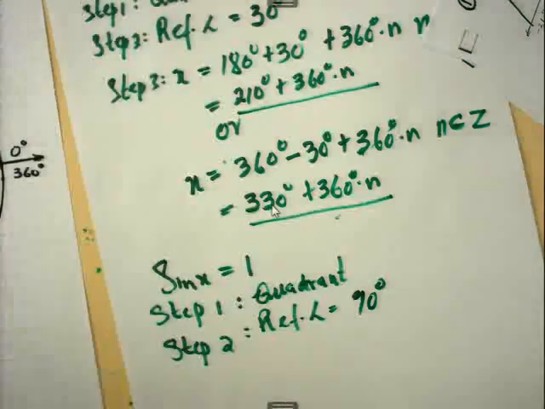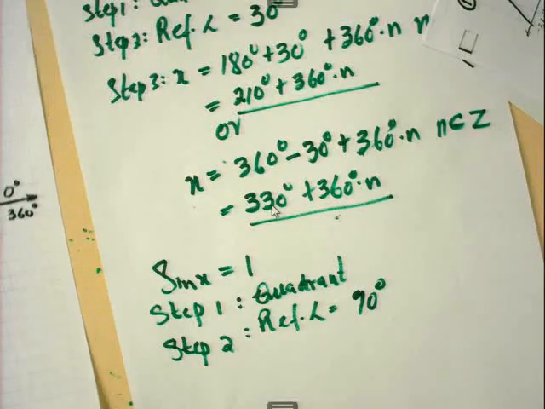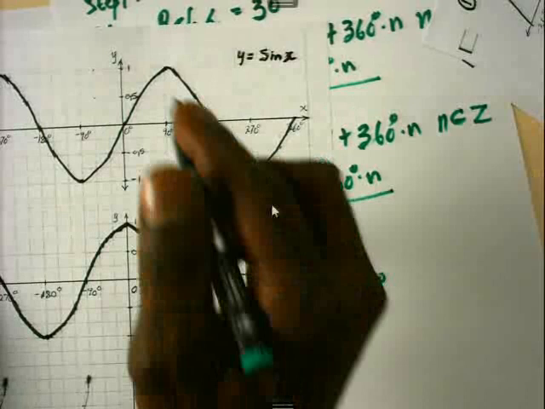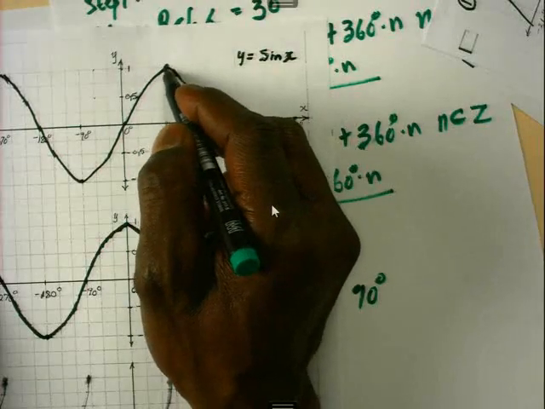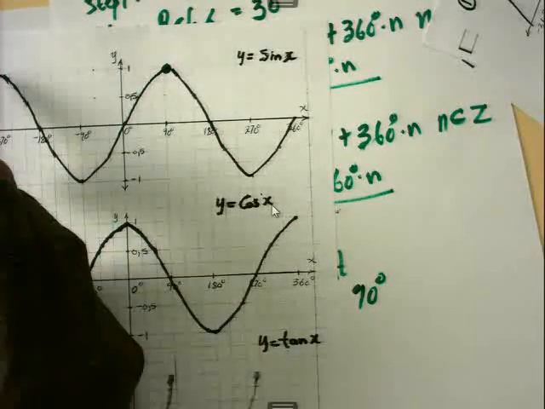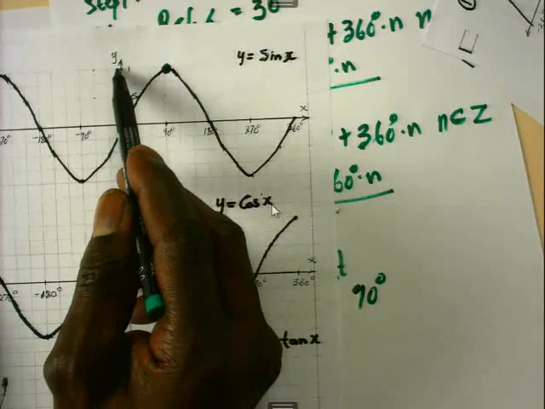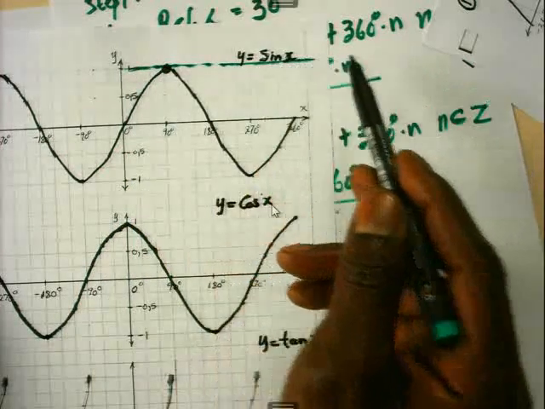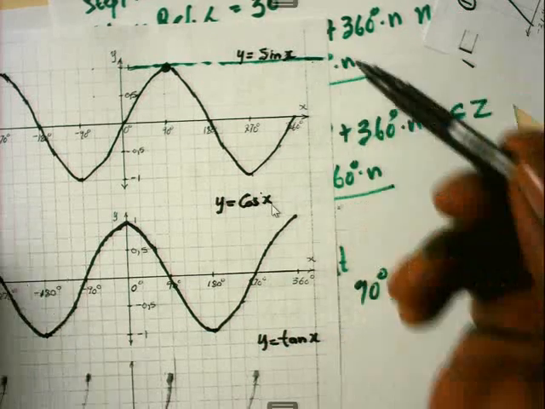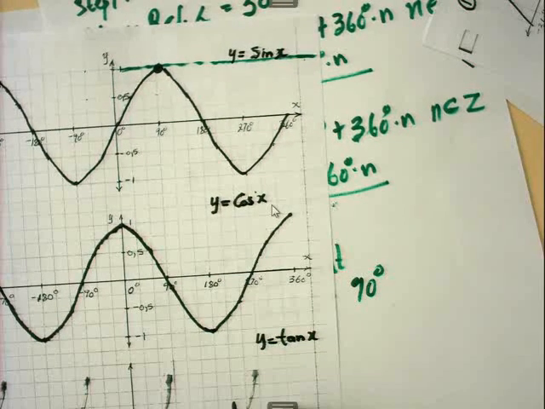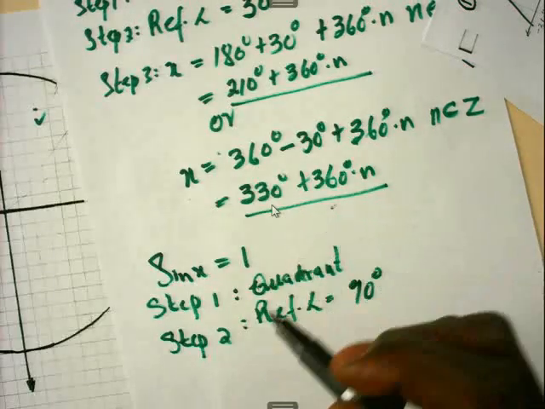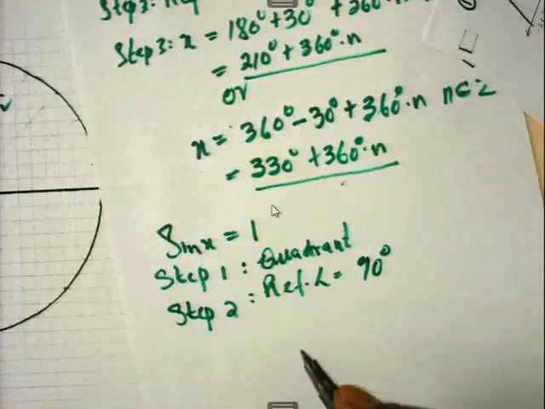Now, if we look at our sine graph here, the reference angle is there. We look at that and we draw the line there. It seems like we are not going to have a value that is more than 360. So we should be comfortable with 90 degrees only. We'll be able to generate all the solutions for that problem.